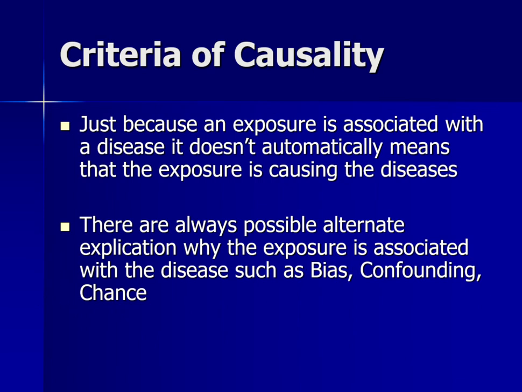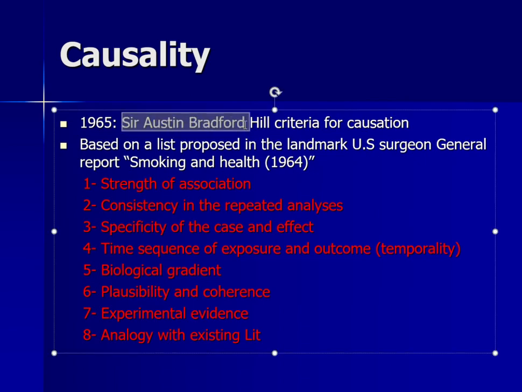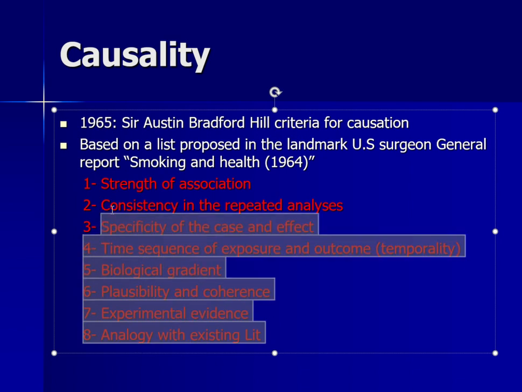But what matters at this level is that we want to talk about criteria that have been developed by Sir Austin Bradford Hill for assessing causation, and that was in 1965. He proposed a list in a landmark U.S. Surgeon General report called Smoking and Health in 1964, and the list is the following.